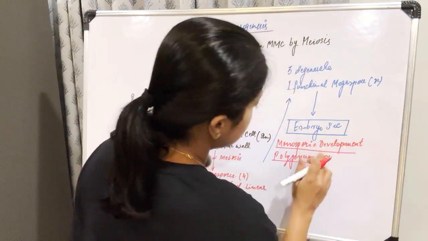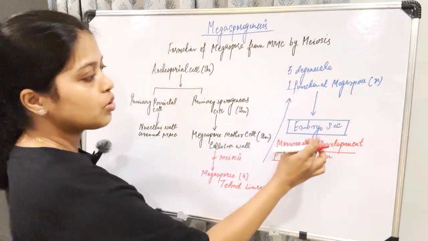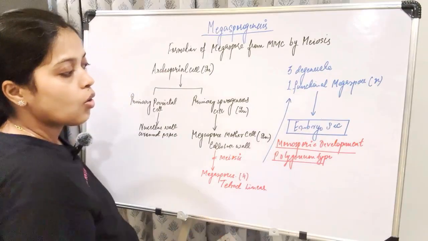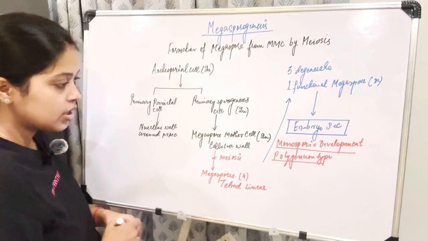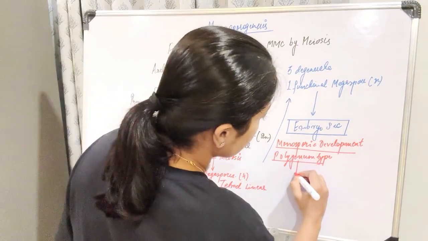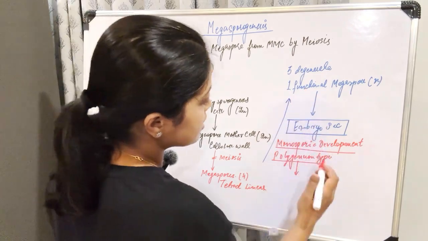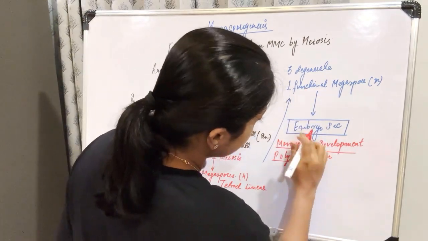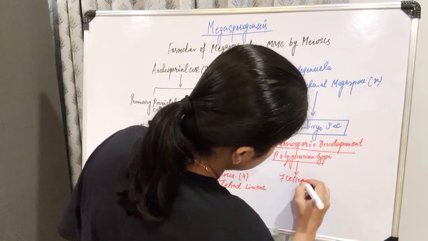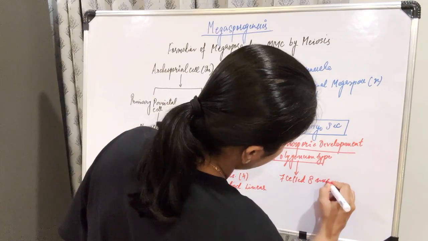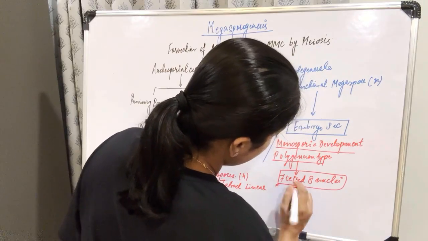Okay, so remember these two terms. A single functional megaspore forming the embryo sac is called monosporic development, and it's the polygonum type. Polygonum type basically means that when the embryo sac forms from the single functional megaspore, it will be 7 celled and 8 nucleate. This I will explain to you in the next topic.